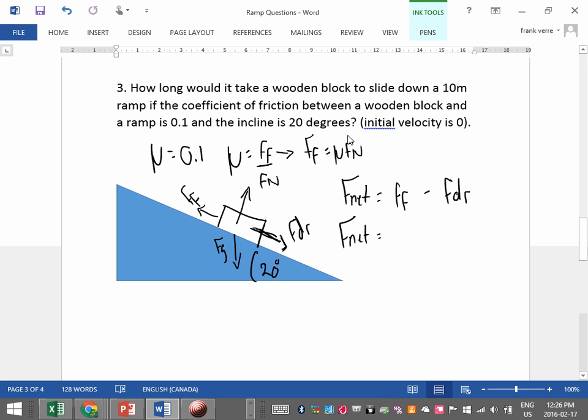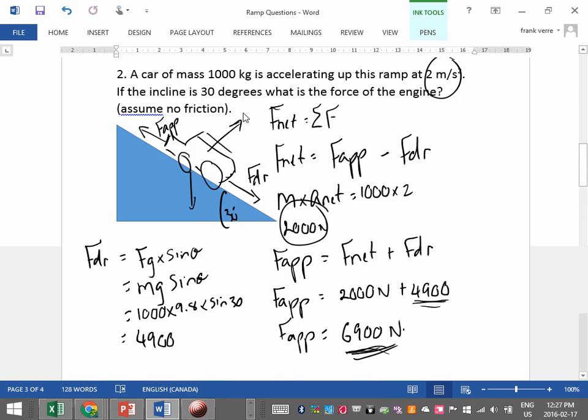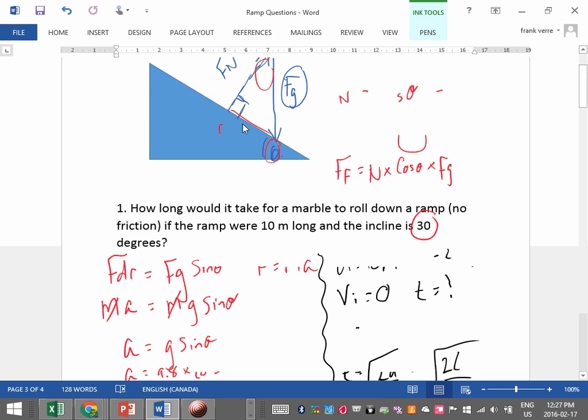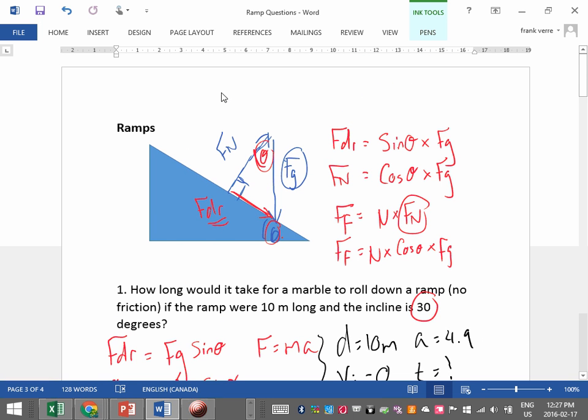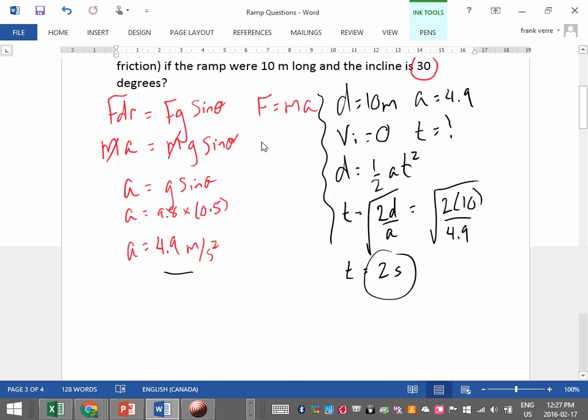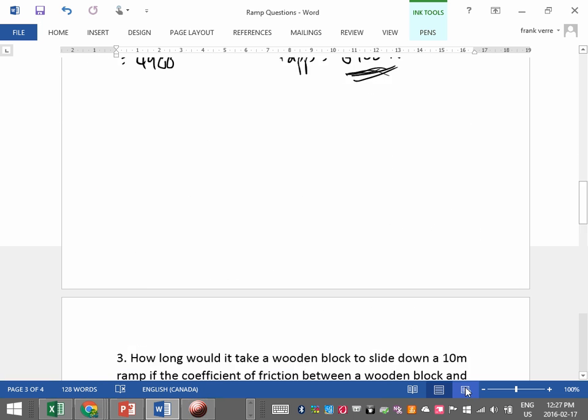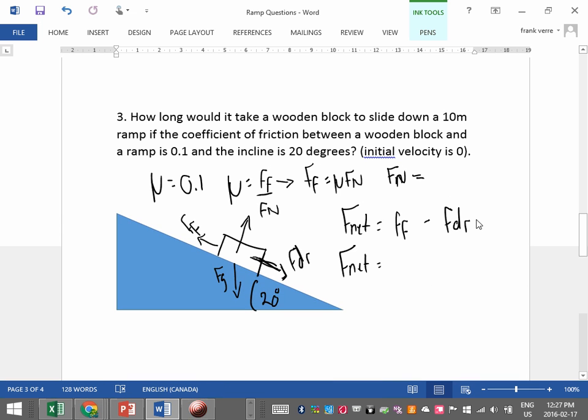Do you remember what Fn was? Yeah, but remember how we defined it though? We defined it as what? If you recall, we defined it actually as, yeah, so it's the weight times cosine theta. Okay, so the normal force is basically the weight times cosine theta.